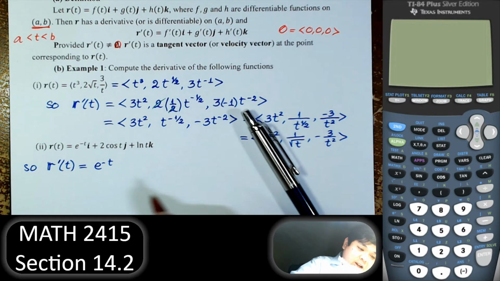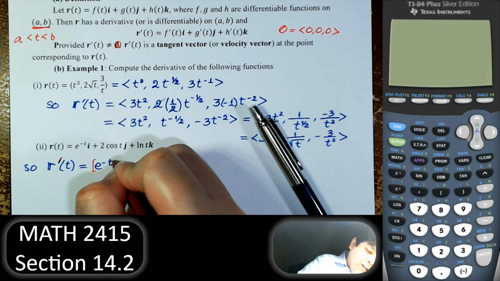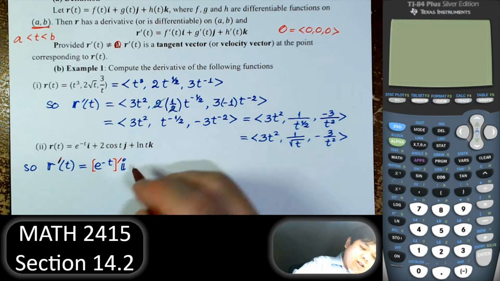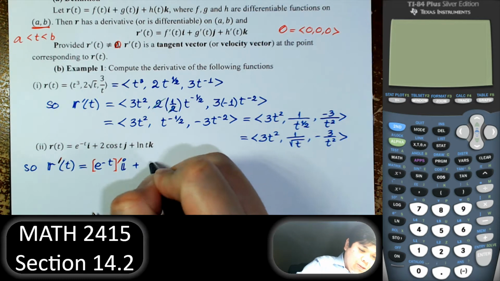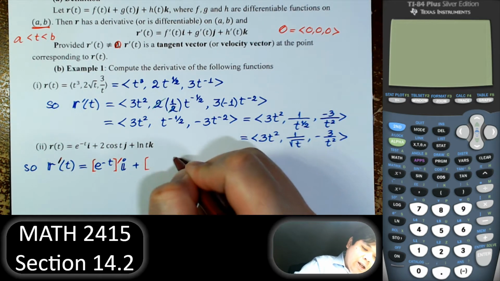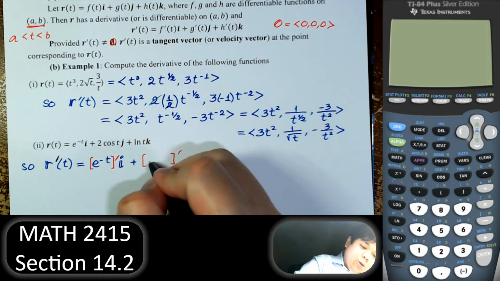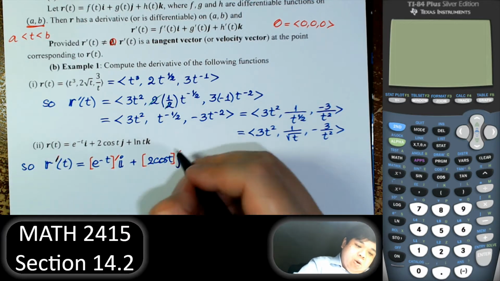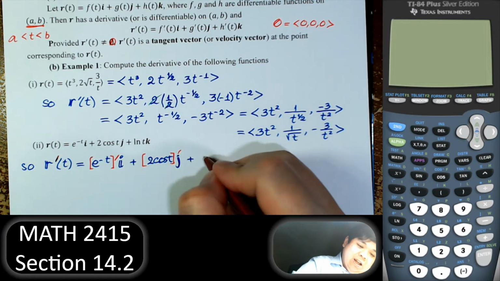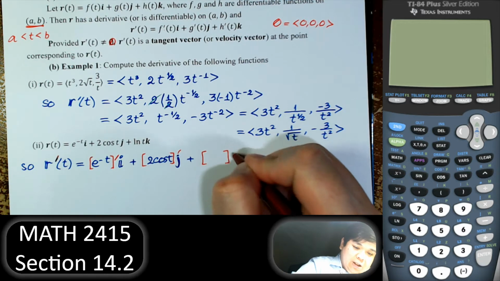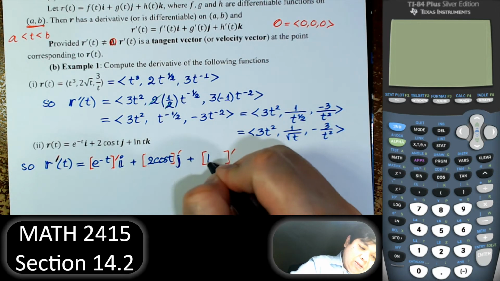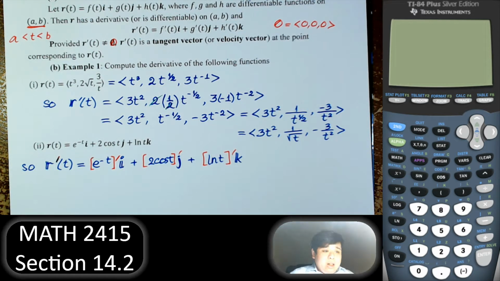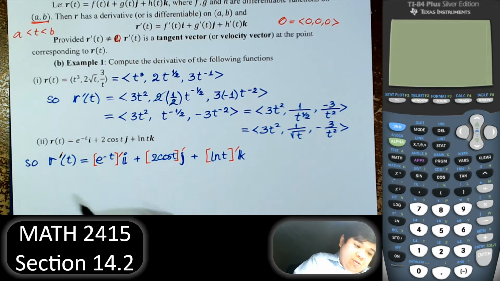We'll take the derivative of that for the i component, then take the derivative of the 2 cosine t for the j component, and the derivative of that function goes with the k component. Just like this, but different notation.